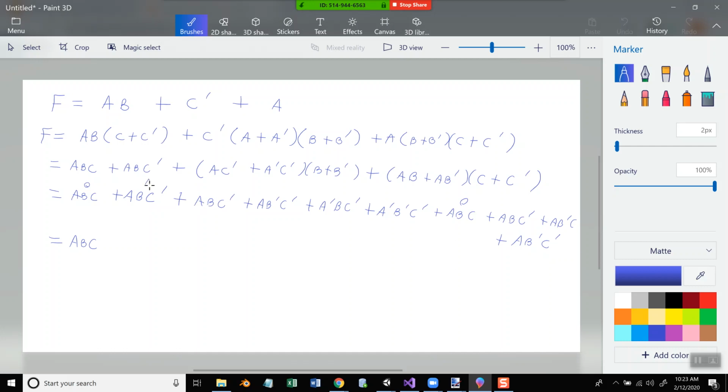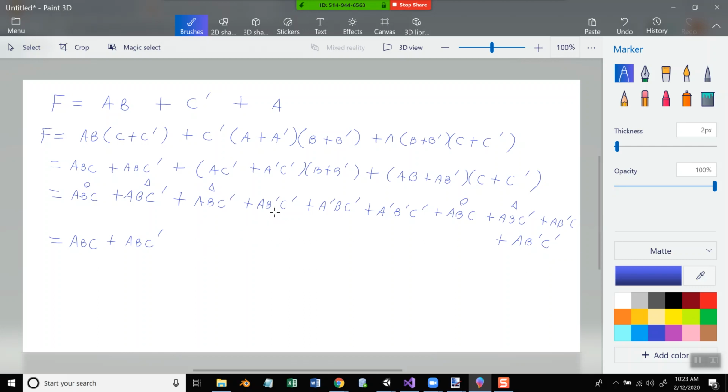ABC prime. There's another ABC prime. So those become one. Again, if you got duplicates, triplicates, whatever, they just reduce down to one.